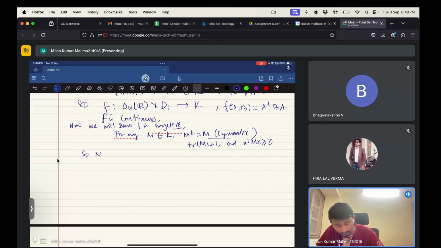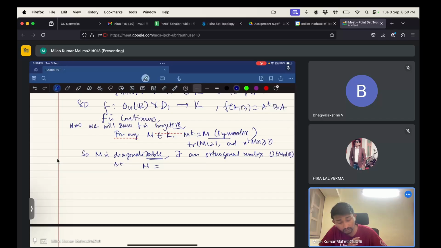So M is diagonalizable, and if M is diagonalizable, there exists an orthogonal matrix U and a diagonal matrix D such that M is equal to U transpose DU.